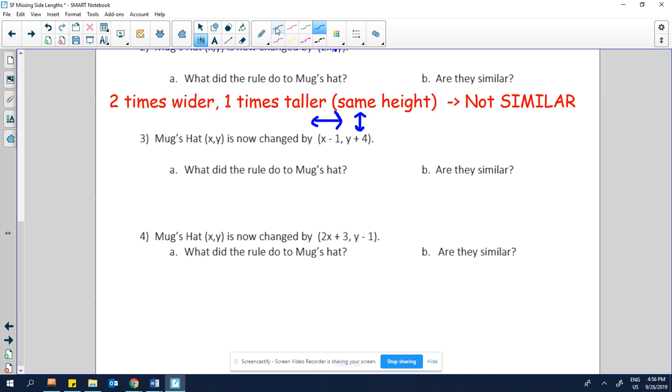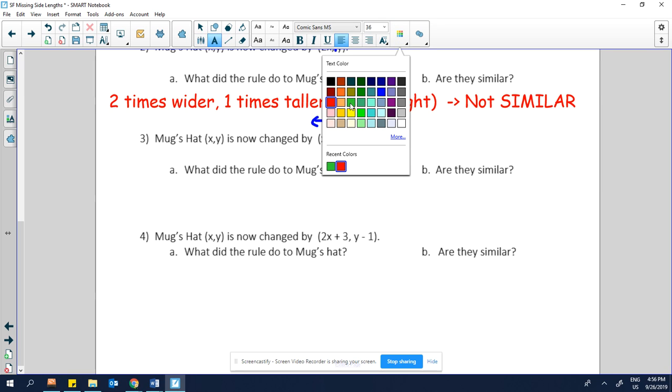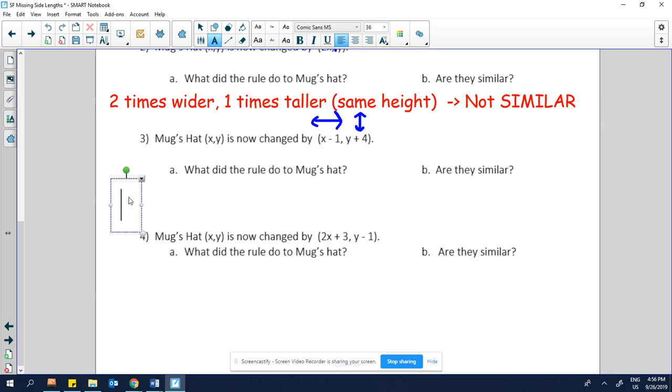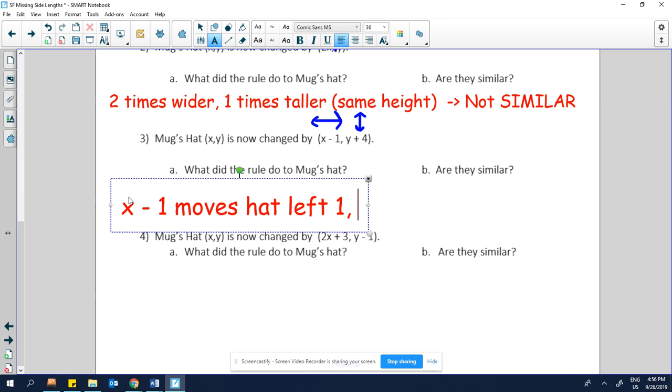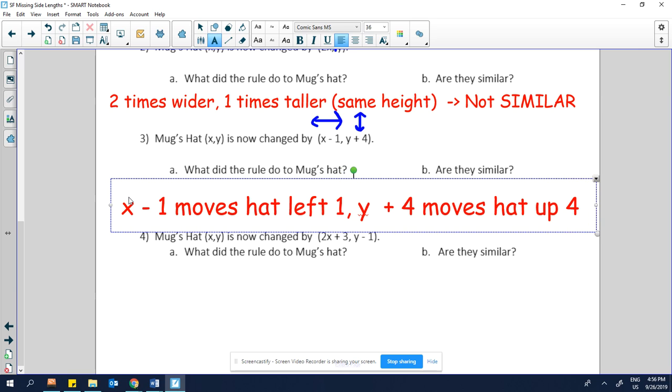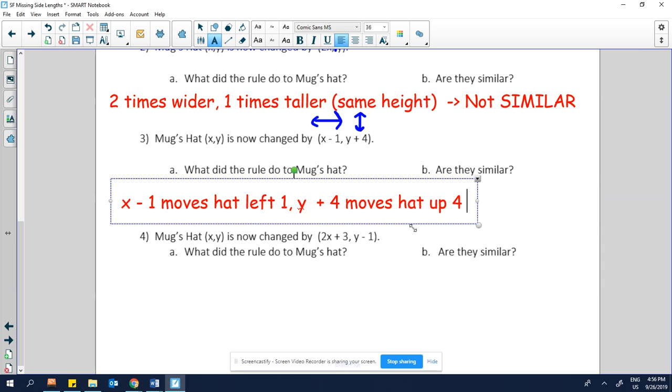So if it's x minus 1, which way do you think the hat moved, left or right? Okay, so x minus 1 moves the hat left 1, y plus 4 moves the hat down or up? Up 4, because our y-axis is up and down.